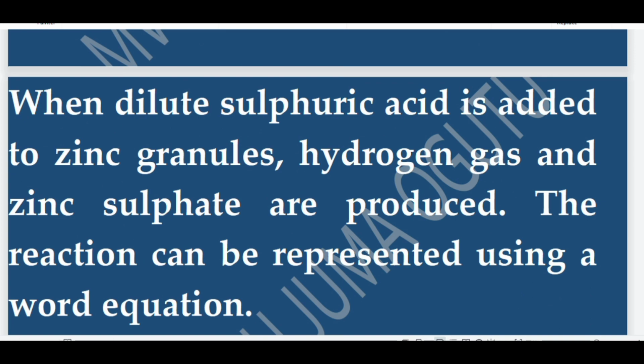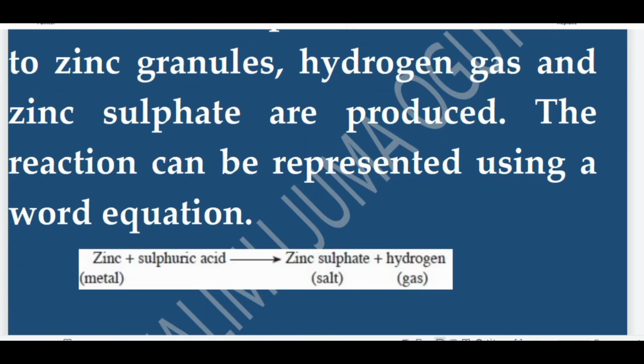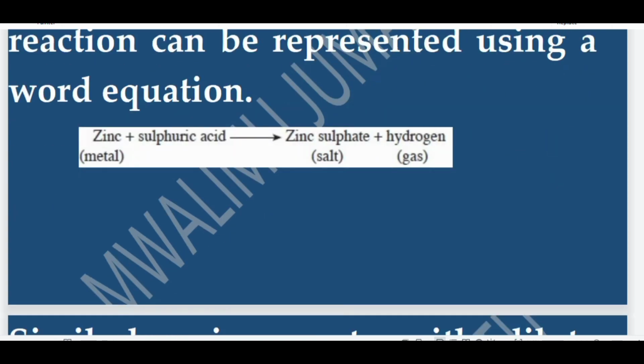The reaction can be represented using a word equation: zinc, which is a metal, reacting with sulfuric acid to give zinc sulfate and hydrogen gas. Here the zinc sulfate is the salt, and hydrogen is the gas produced.